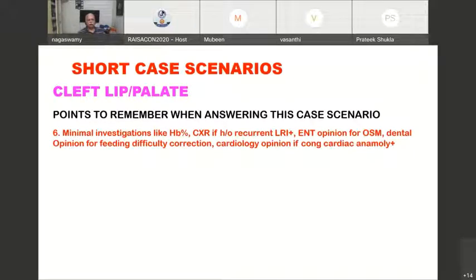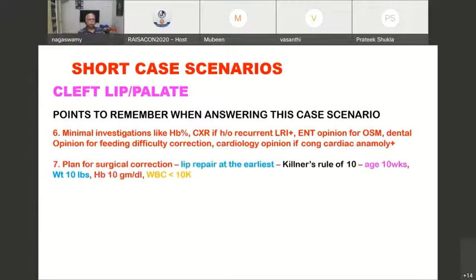If there is a history of recurrent LRTI, you can ask for a CXR, that is an X-ray chest. And if there is an otitis media, you can ask for ENT opinion. You can get some dental help for feeding the baby if they have found it very difficult for feeding the child. And you can get a cardiology opinion if you find a VSD or any other cardiac anomaly.